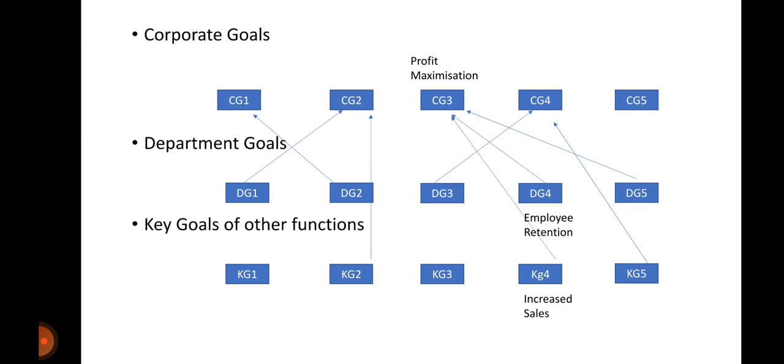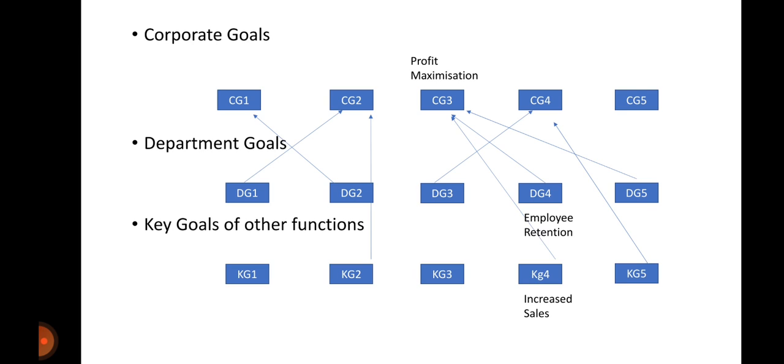Employee retention is the goal of the HR department and it is contributing directly to profit maximization. And how? If you're retaining employees, that means there is less employee turnover. If there is less employee turnover, that means there is no recruitment and selection process happening often in the organization. If there is no recruitment and selection, that means you're investing very little in your human capital. And if you're cutting down on cost, indirectly it is profit maximization.